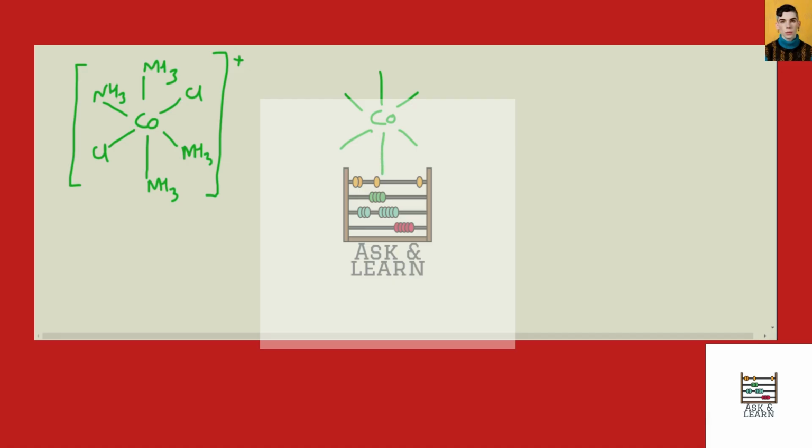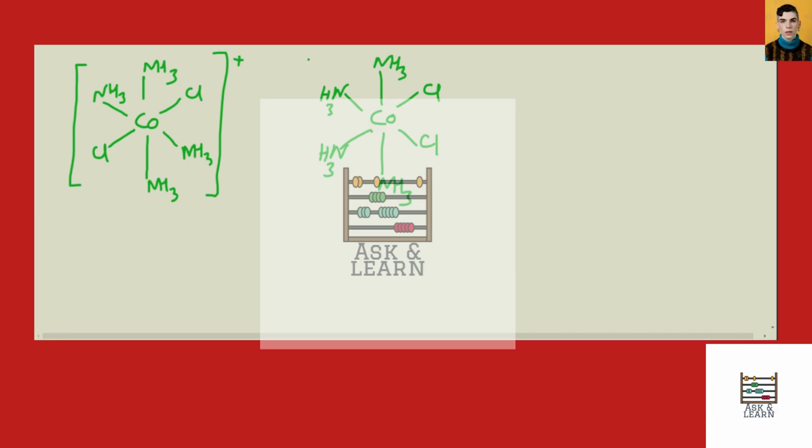And here chlorine and chlorine are adjacent to each other, that means the cis isomer, and the remaining positions you can fill with ammonia. That means the ammonia is forming the coordinate bond with the central metal atom. 4 ammonia molecules in the product.